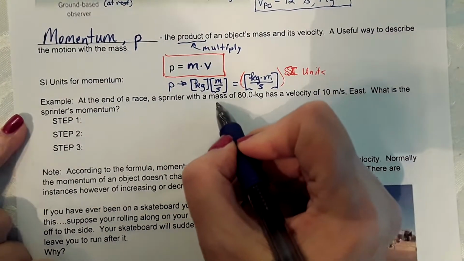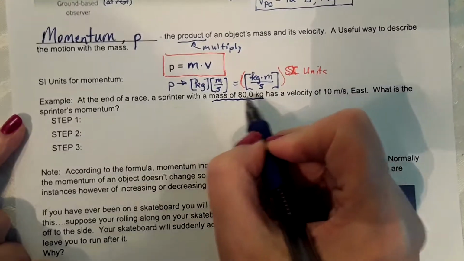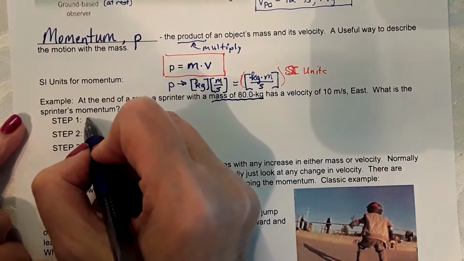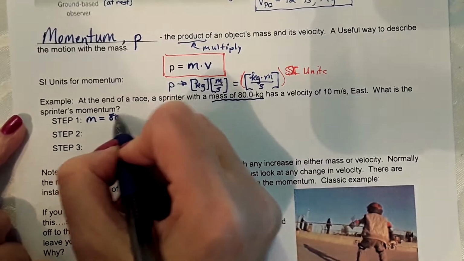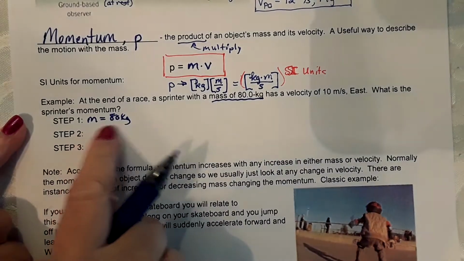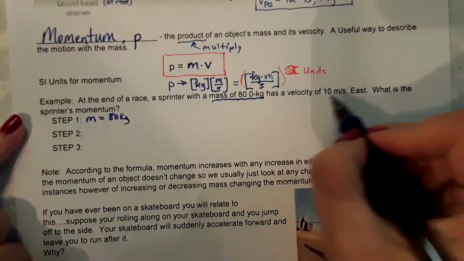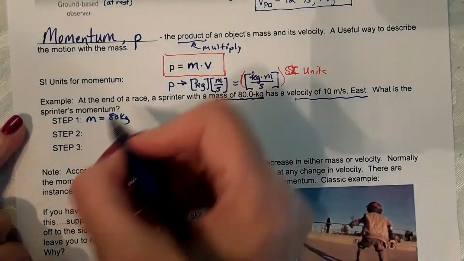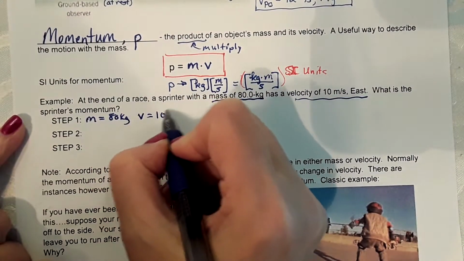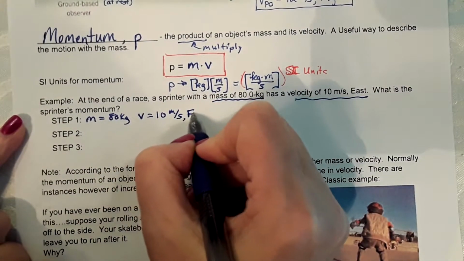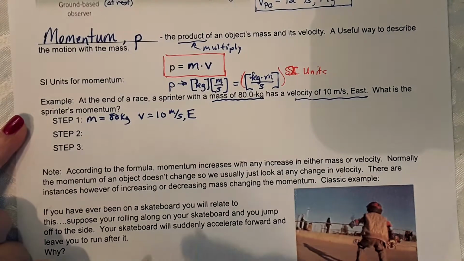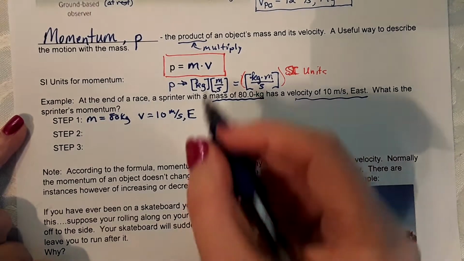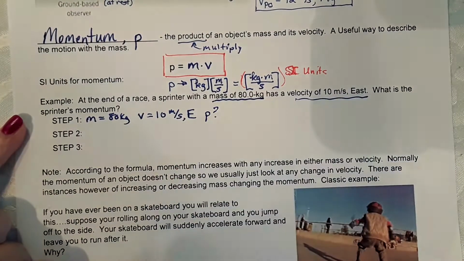Mass of 80 kilograms for our sprinter. So mass equals 80 kilograms. Velocity of 10 meters per second east. I'll just put a capital E for east. And we're trying to find the momentum.